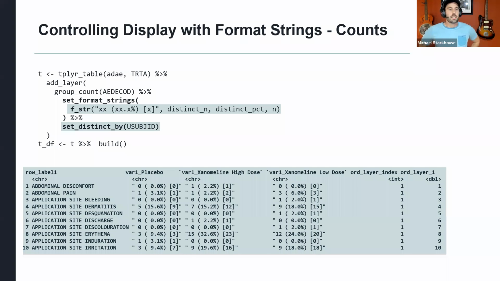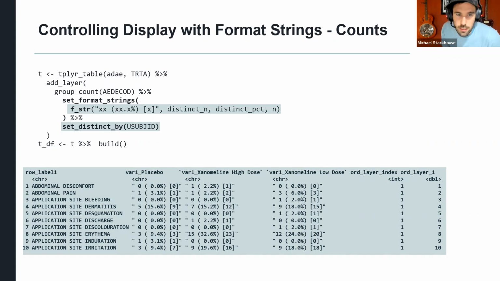So what f_str does is it allows you to declare a format string that you're going to present. So in here, we declare the count layer, and then we're going to pipe that into set_format_strings, and we're going to provide the parameters: this is how I want my string to look. So that's going to be used by these x's here, and then we're going to say fill those x's with these variables.